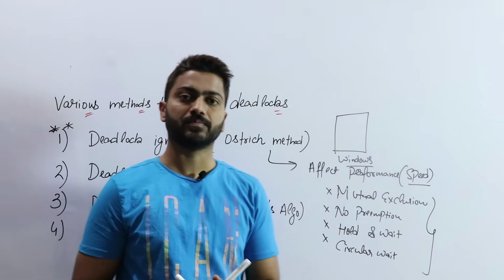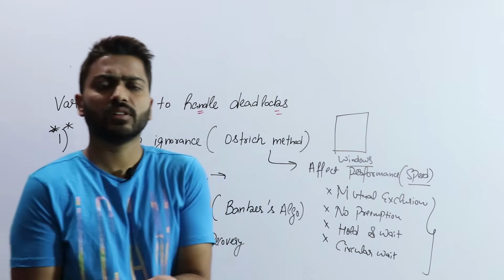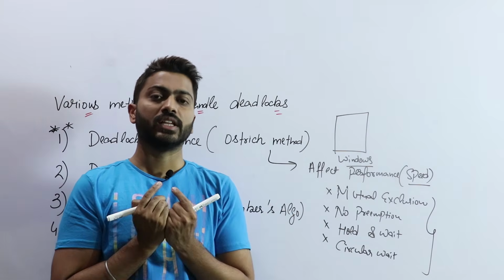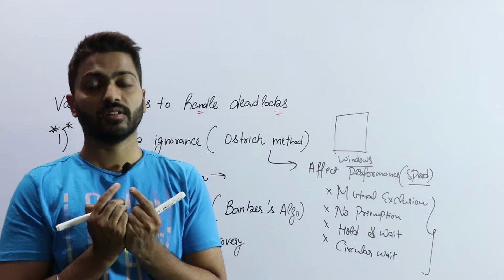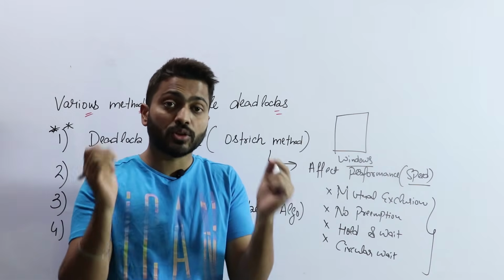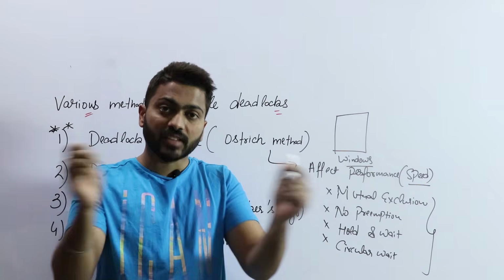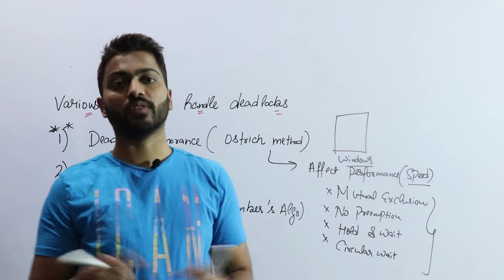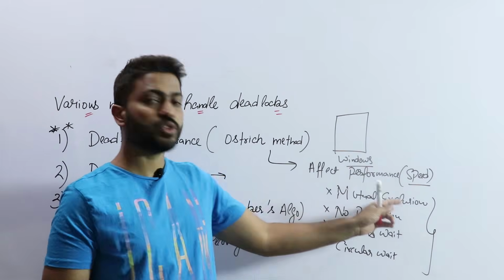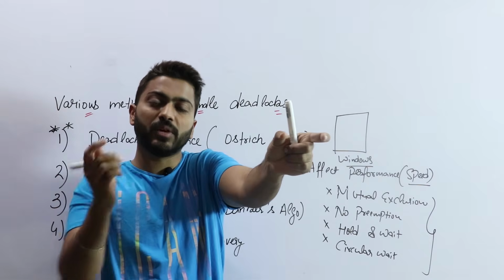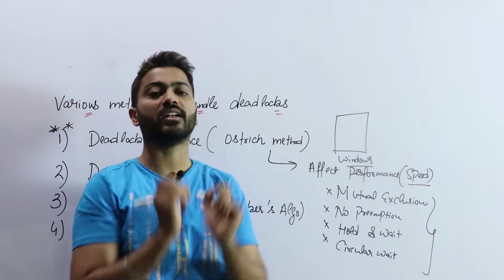Like mutual exclusion. What is mutual exclusion? The simple method is, whatever resources we are using, they should be non-shareable, means they should not be used at the same time by multiple processes. Every resource will be used by one process at a time.